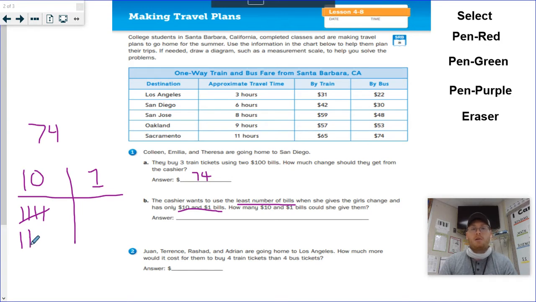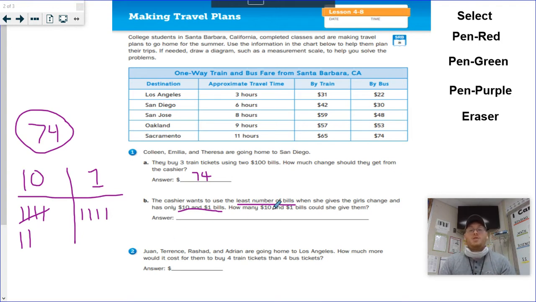Can I go up to $80? No, because it only goes up to 74. So I can go $70. Well, 74 minus 70 equals how much? $4. So how many of the $1 do I need? I need 4 of them, right? 1, 2, 3, 4.